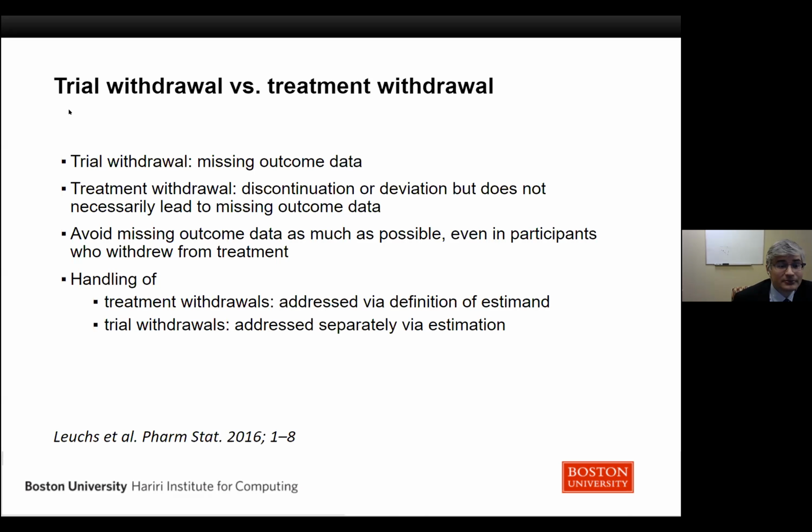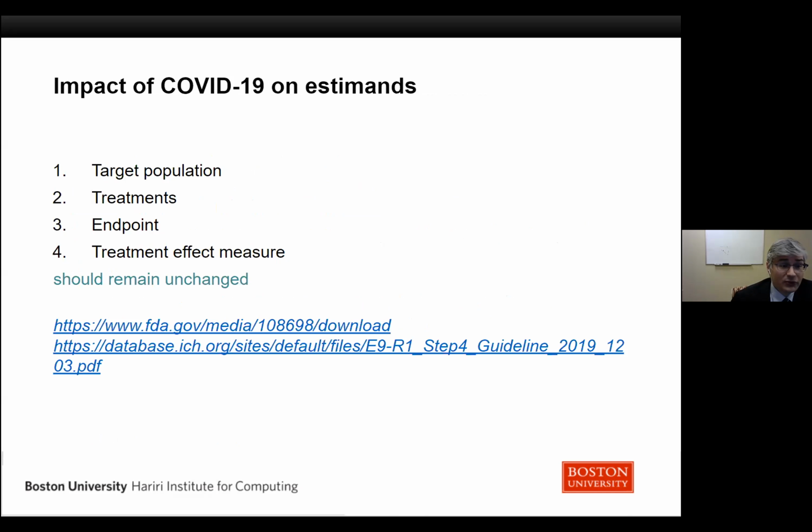So with that in mind, now we can use this framework and we can ask what's the impact of the pandemic on estimates. So on this slide, I note that for the first four points, population, treatments, endpoint, treatment effect measure, it should remain unchanged.